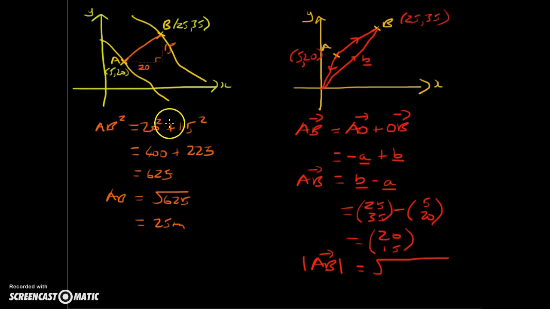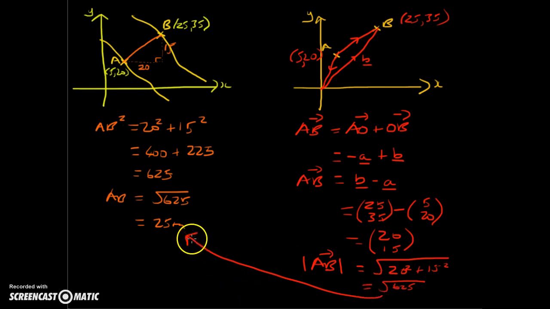It's exactly the same as below. So we get 20 squared plus 15 squared, those are your components, square root of 625, square root of 625, 25. So we get exactly the same answer.